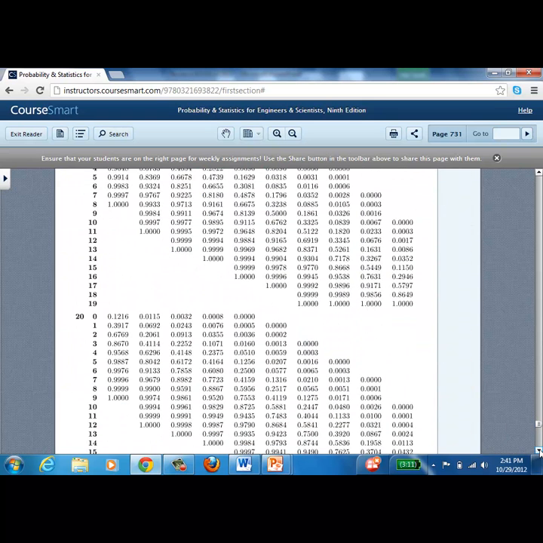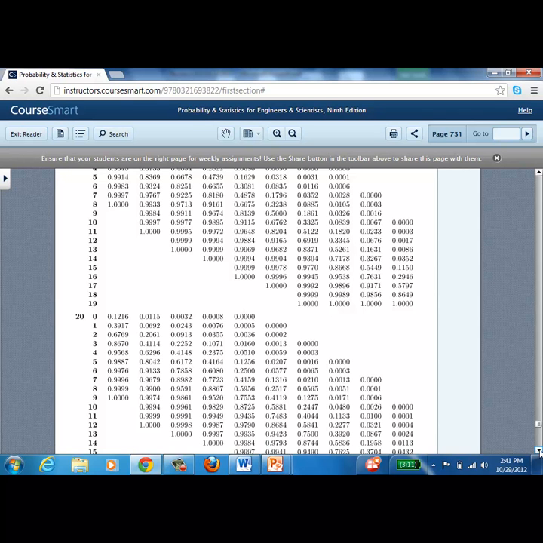The fourth column, and for x equals 4, it's going to be 0.2375. Okay? So that's the cumulative for the binomial.